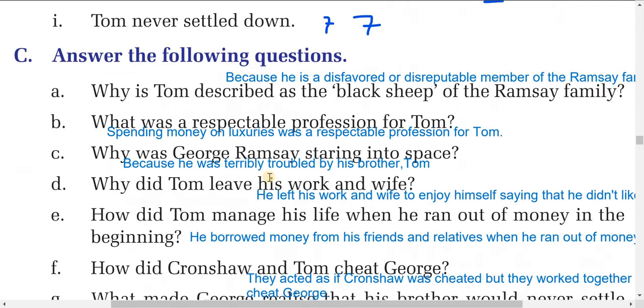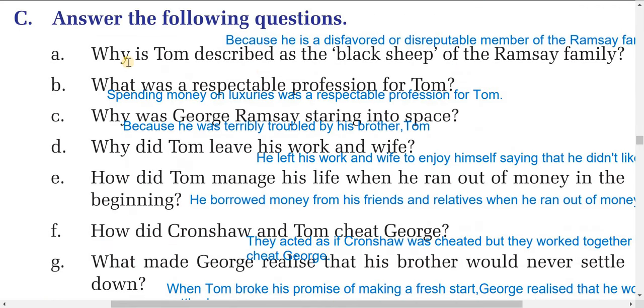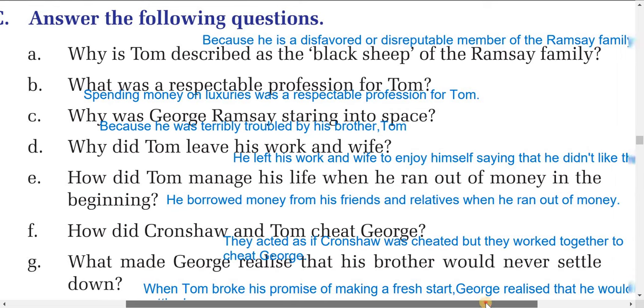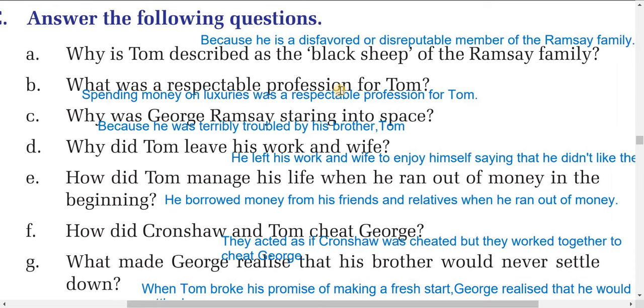Now, dear students, answer the following questions. Why is Tom described as the black sheep of the Ramsay family? Black sheep means a problematic person, a troublesome person. Because he is a disfavored or disreputable member of the Ramsay family.